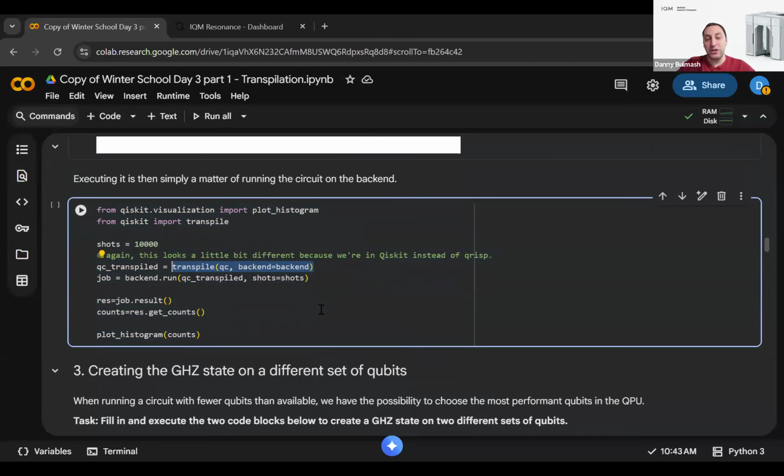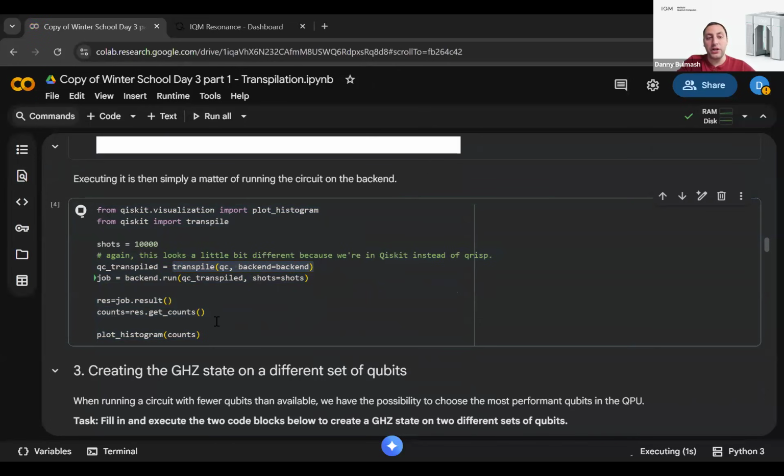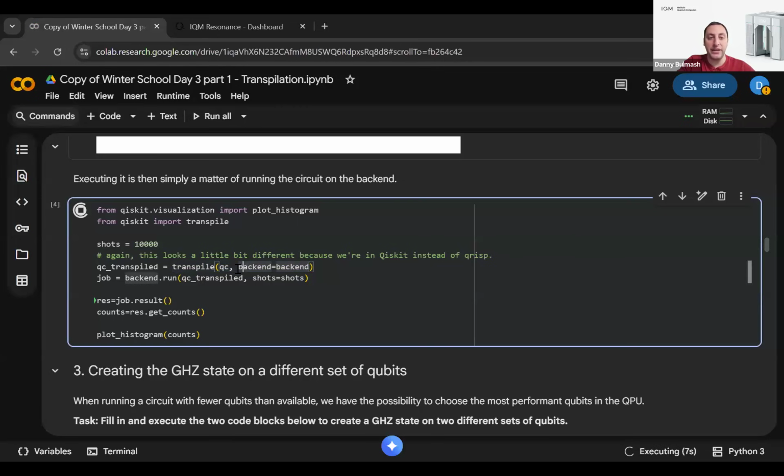In that transpile command, we're going to be able to modify things like which qubits we're using. So right now, we're just using automatic options. And so if we run our job, it's going to run it on Resonance because the backend is the backend that we defined earlier, which is what we connected to on Resonance.